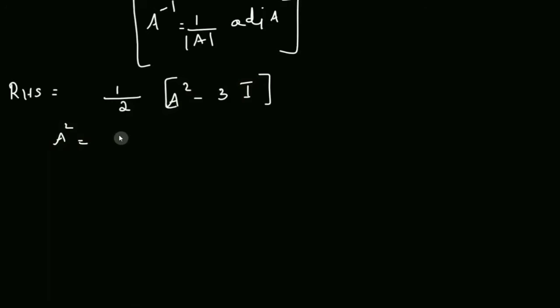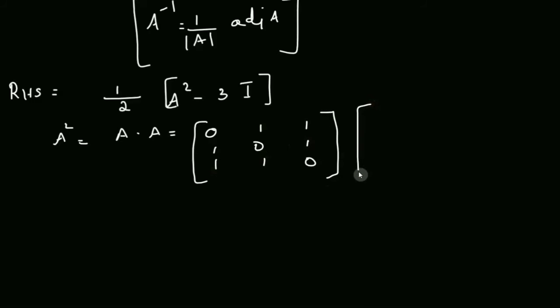A square is matrix A into matrix A. So matrix A is 0, 1, 1, 1, 0, 1, 1, 1, 0 into the matrix A.